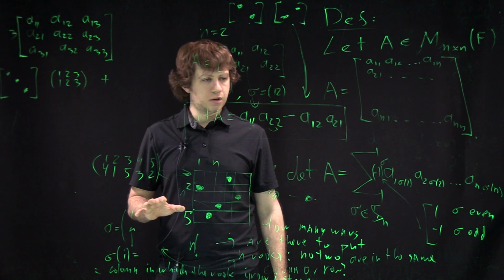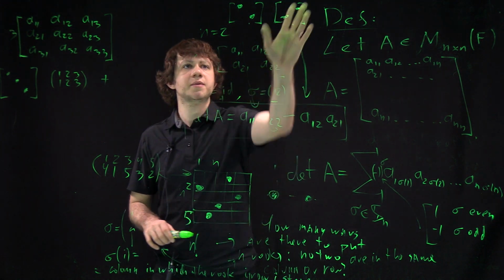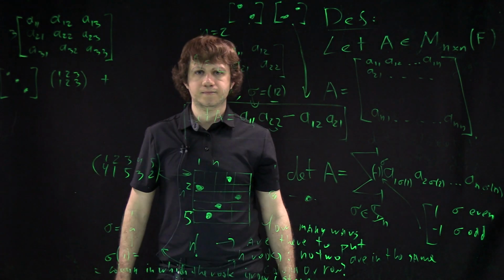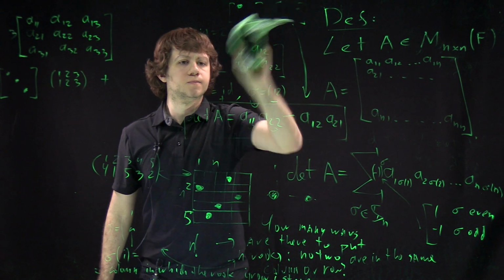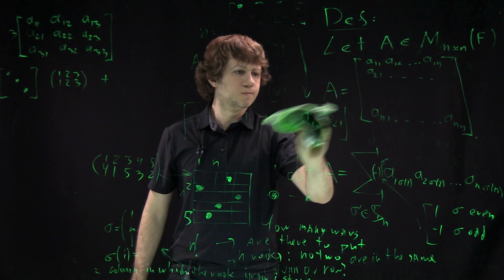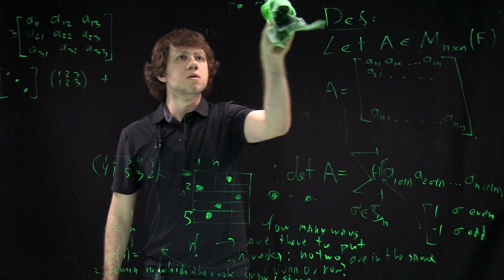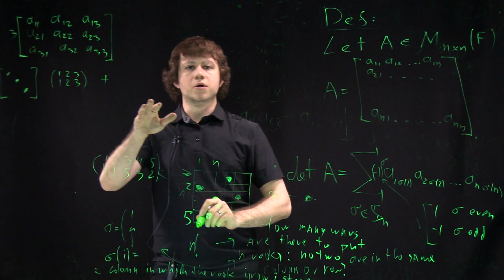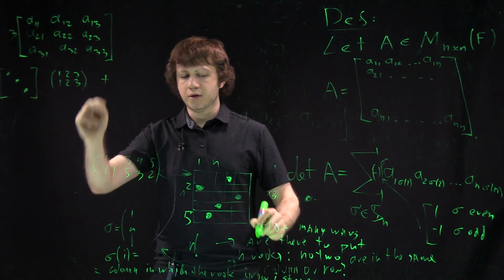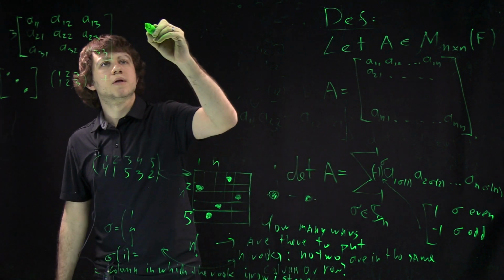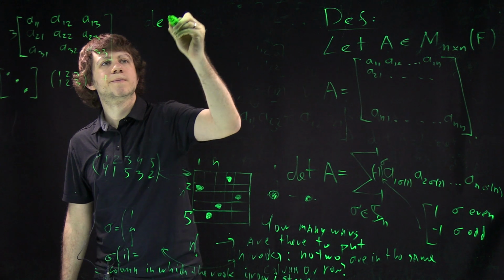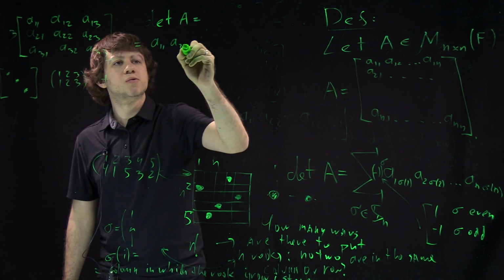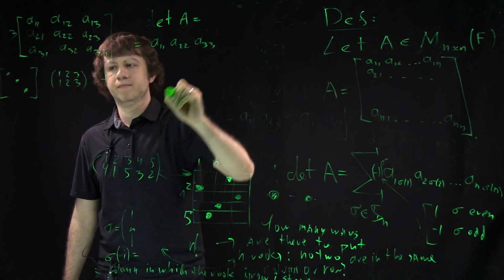So, okay, now I want to erase something. Let me erase this part so that I will be able to write down the formula here. Okay, so this term gives me, in the determinant of A, the term A11, A22, A33.